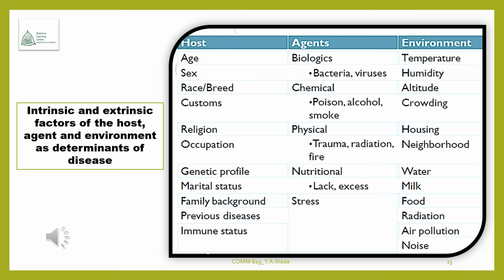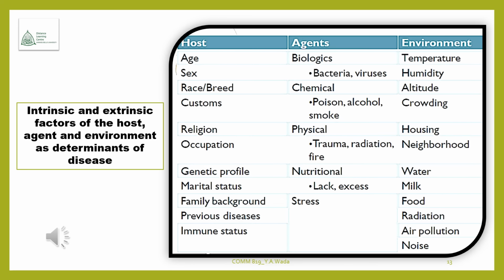An example of biologic agents are microbes, that is the bacteria, the viruses, the fungi, the mycotoxins from algae. Then the chemical agents like poison, alcohol, smoke also are responsible for disease outcome. Then physical agents like trauma, radiation, fire.